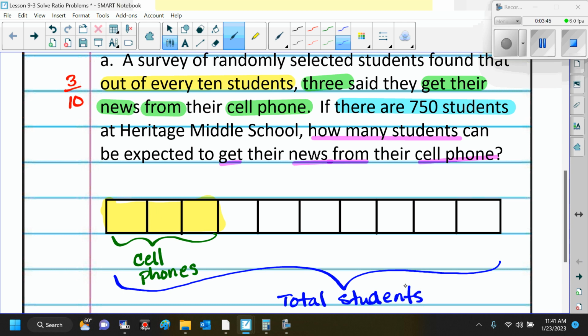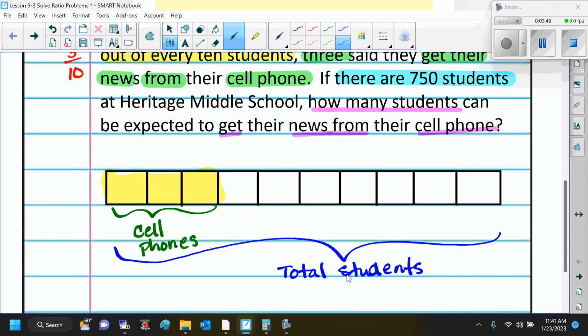Now, it says there are 750 students, so we have to figure out what number goes in each one of these boxes. If there are 750 total students, and there are 10 boxes here, how many students go in each box? How do I figure that out?